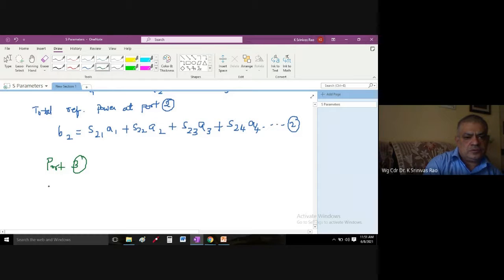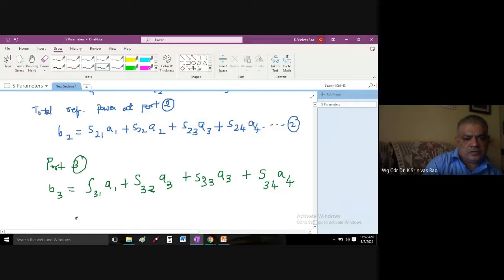B3 is equal to S31 A1 plus S32 A2 plus S33 A3 plus S34 A4.